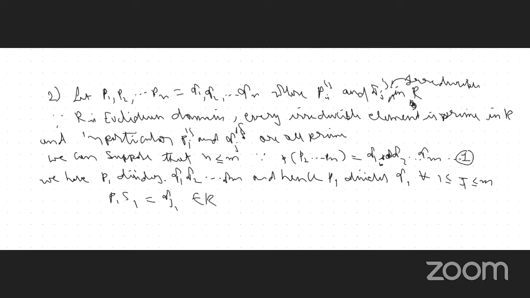Substituting in 1, we obtain P1, P2, etc., Pn equals P1 s1 times the product of Qj.